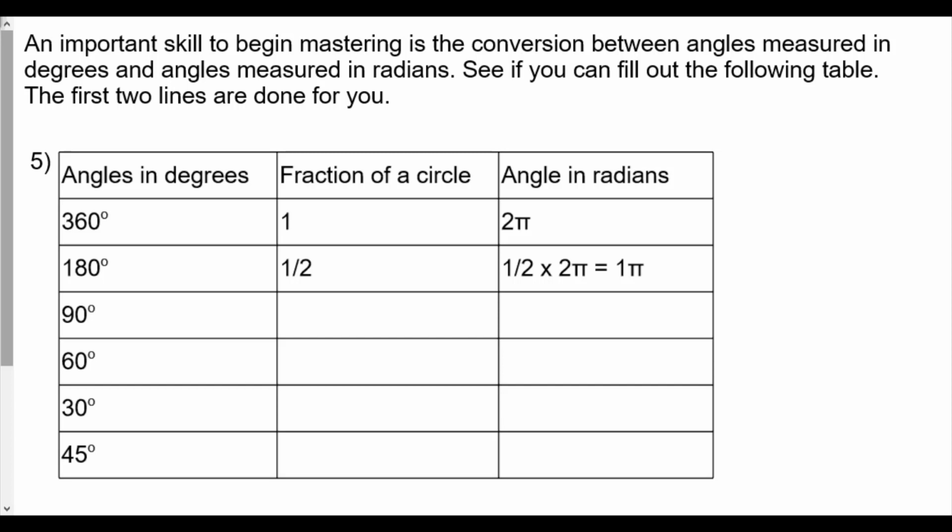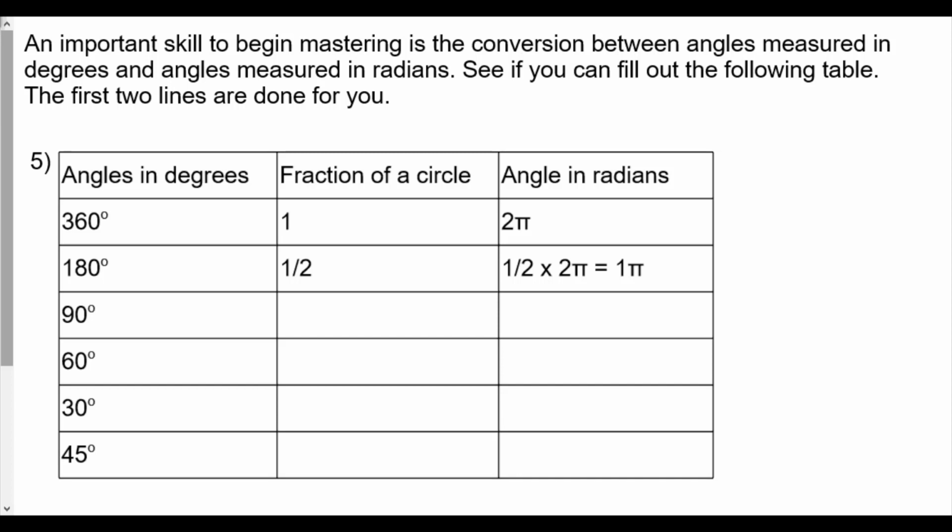Here, the angle in degrees is 360. That's the whole circle, and the total number of radians is 2 pi. We use that as our guide. Therefore, 180 degrees is half of a circle, so our radians is 1/2 of 2 pi, which is equal to pi.